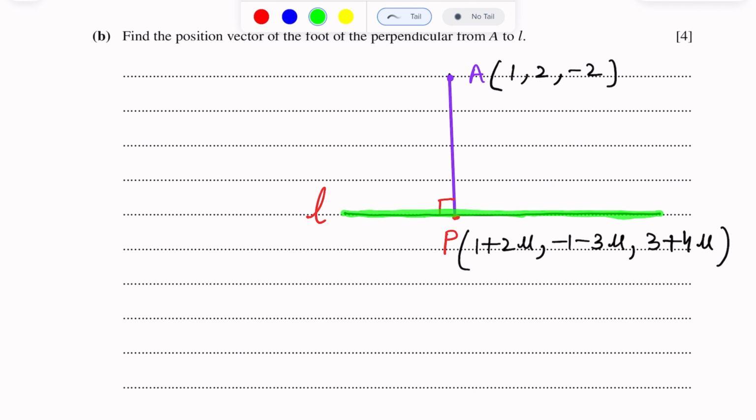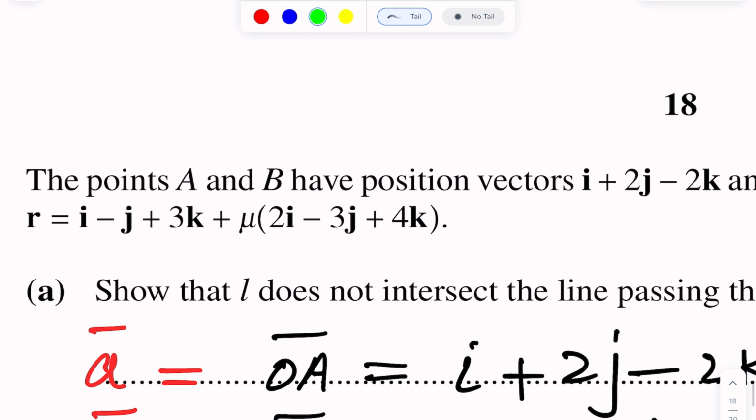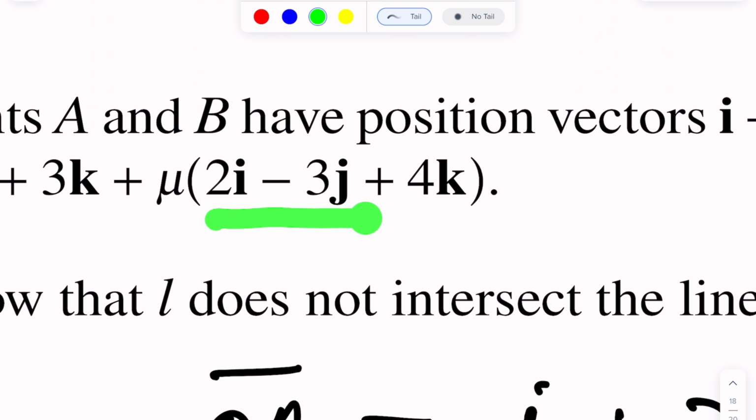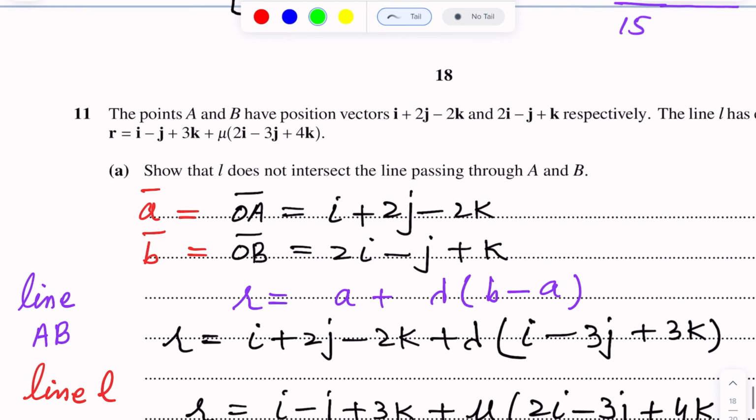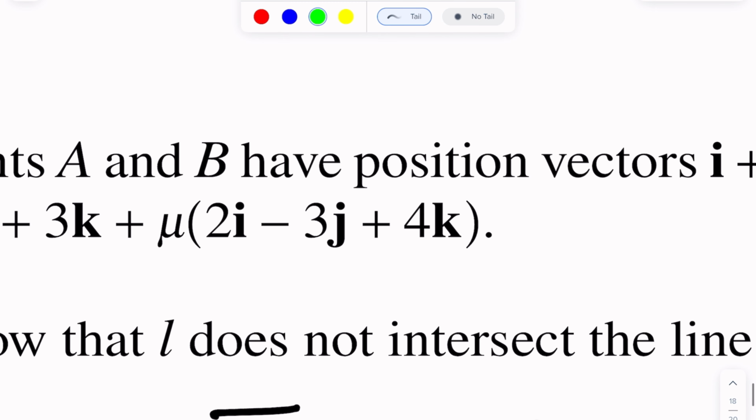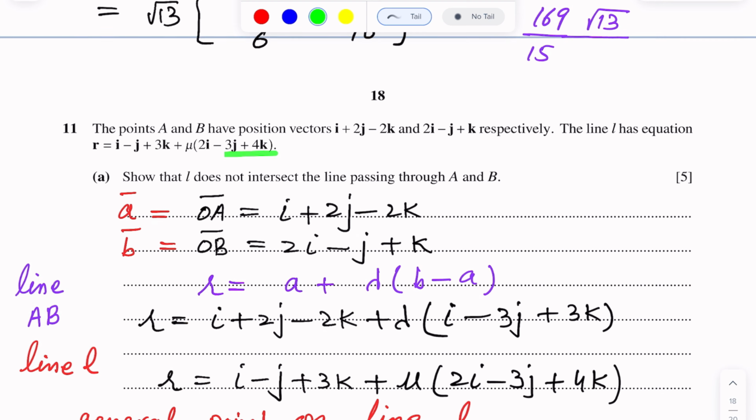This is the vector equation of the line L, and this vector is called the direction vector of the line L. The direction vector of line L is 2i minus 3j plus 4k.